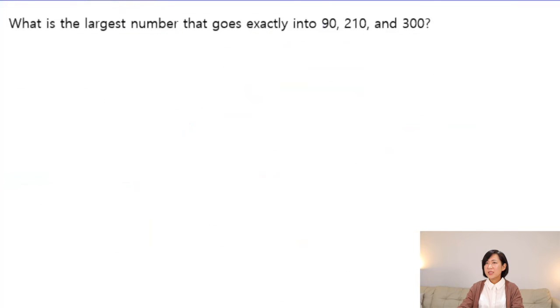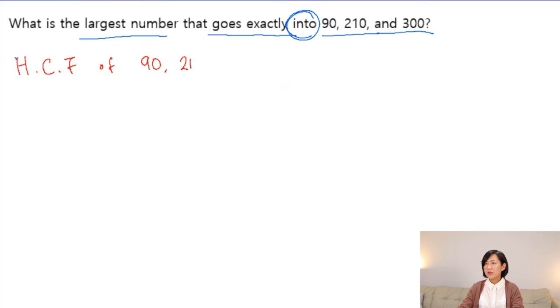Now, what is the largest number that goes exactly into 90, 210, and 300? So let's focus on our keyword. Largest number goes into. That means, is it LCM or HCF? It's the HCF of 90, 210, and 300.